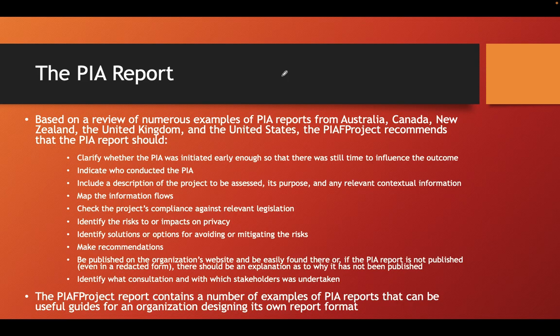Now let's move on quickly. The privacy impact assessment report is based on a review of numerous examples of privacy impact reports from Australia, Canada, New Zealand, the United Kingdom, and the United States.